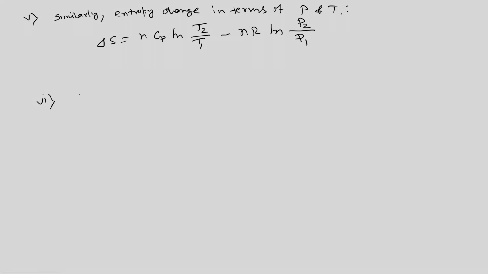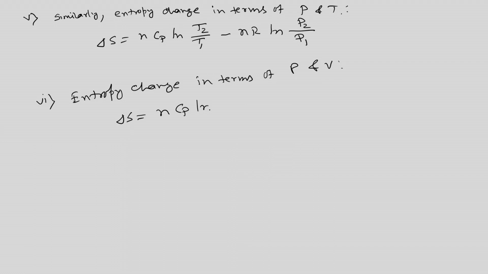And one can also get entropy change in terms of P and V. So, we can obtain delta S as n Cp ln V2 by V1 plus n Cv ln P2 by P1.